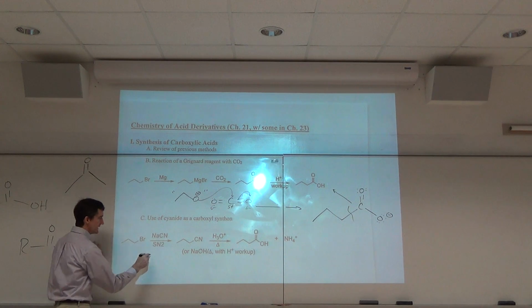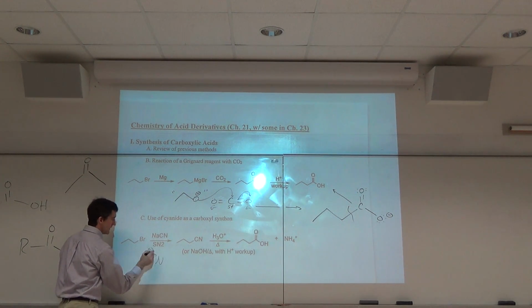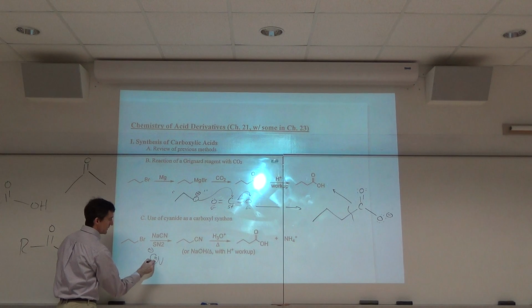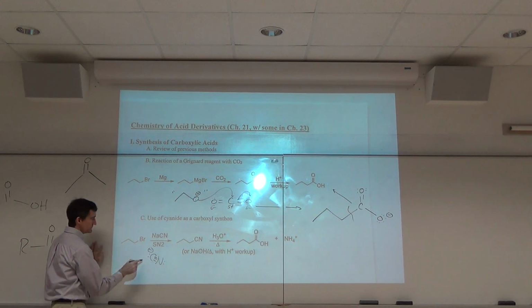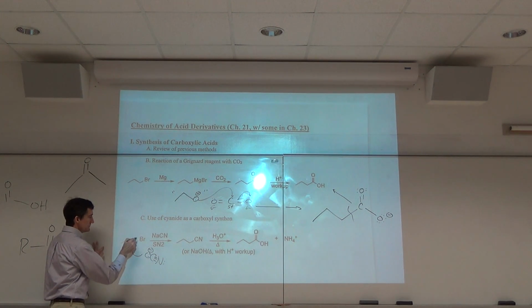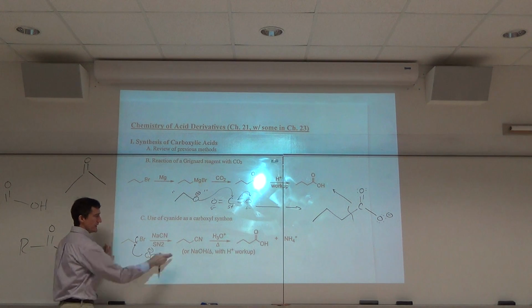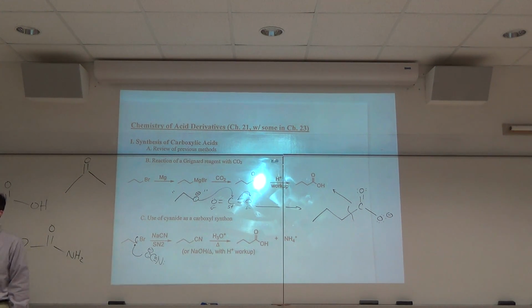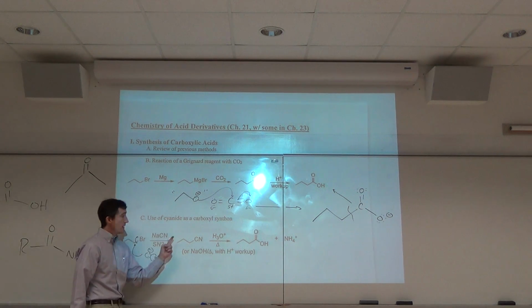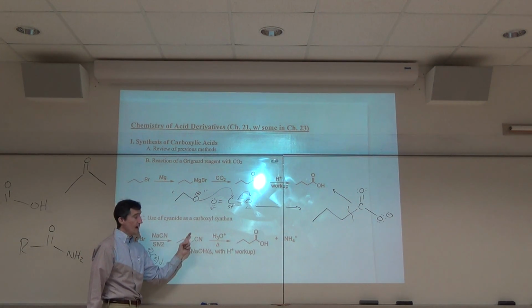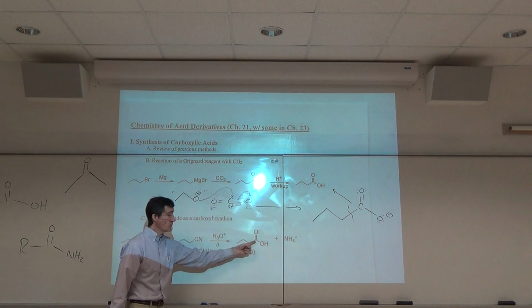Sodium cyanide, triple bond, lone pair. Good old-fashioned SN2, we get the cyanide on the carbon instead of the bromine. But the cyano group can be hydrolyzed to a carboxylic acid.